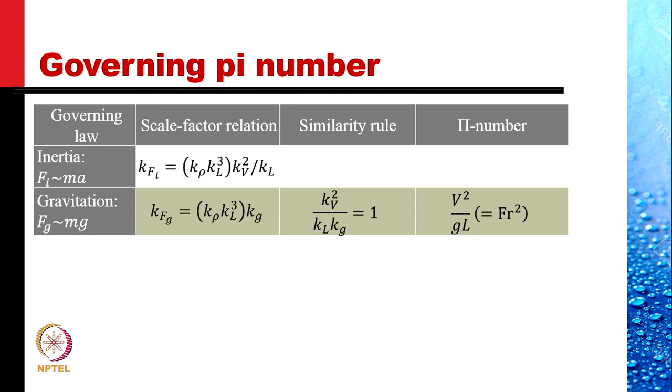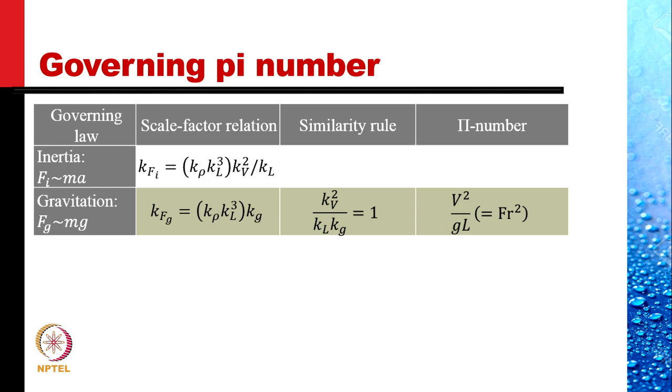So, we identify the forces. Clearly, inertia is an important force, and in this case, the only other force that is dominant is the gravity force. So we use two laws.